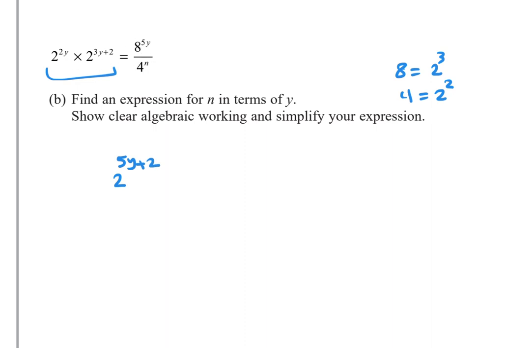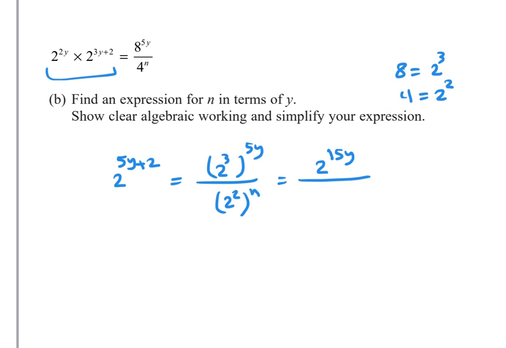For the right hand side, we can write 8 as 2 power 3 all power 5y, and 4 as 2 power 2 all power n. So this can be simplified more. So 2 power, now you have two powers, multiply 3 times 5y, 15y, so 2 power 15y.